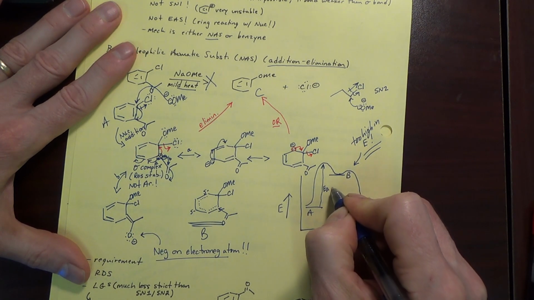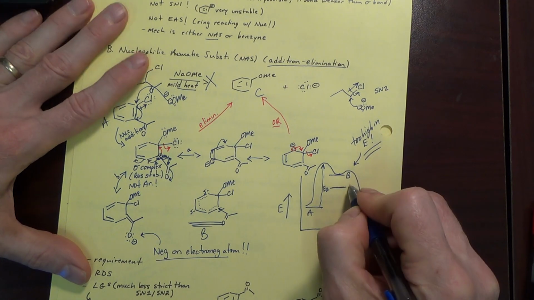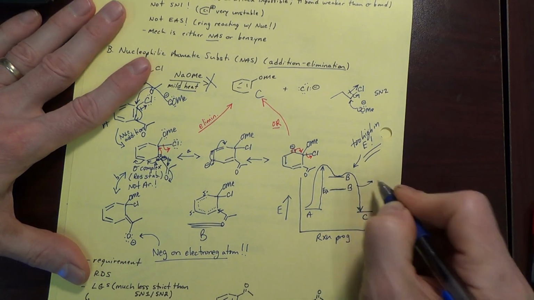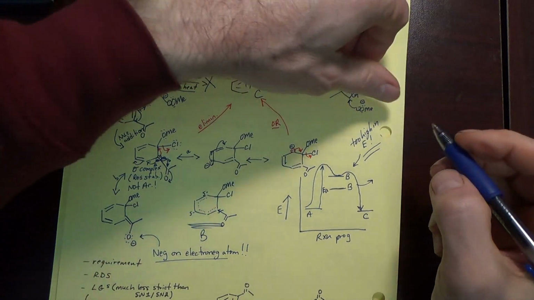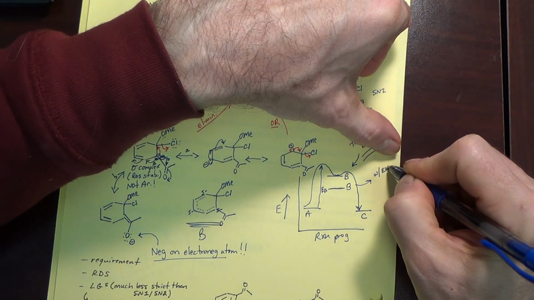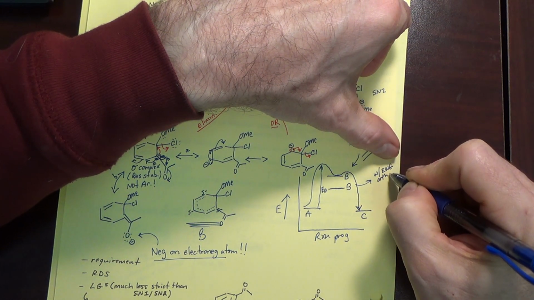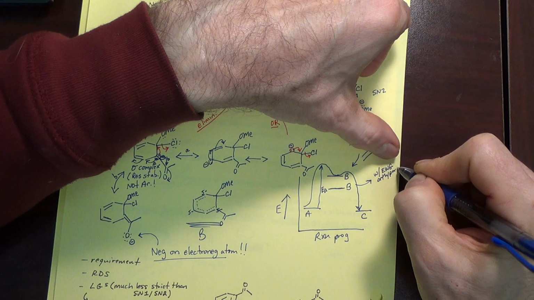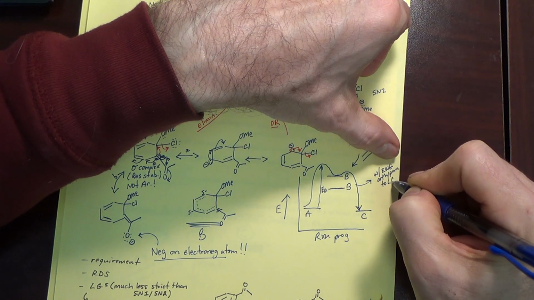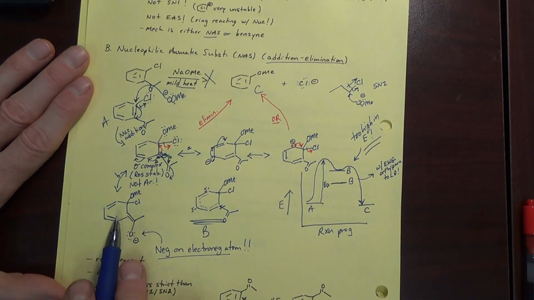And I'm just going to put it maybe here. This is going to be the B with what? Well, it's with a ketone, an electron withdrawing group, ortho or para to the leaving group. Now in the example I showed it ortho.